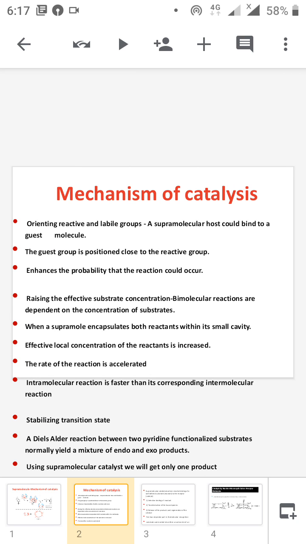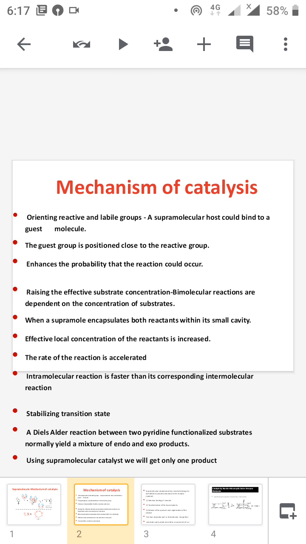So in supramolecular chemistry, the reactive or substrate molecule is bound to the host supramolecule as a guest molecule, and the guest group is positioned very close to the reactive group. Due to this, there is a better probability for the chemical reaction, and the effective substrate concentration also increases. So the bimolecular reaction naturally occurs inside the molecule.